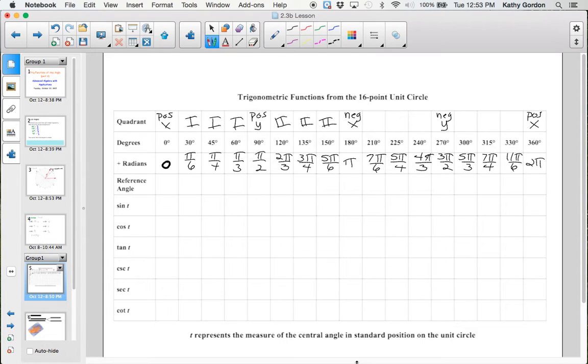And these three angles are in 3. Which leaves these three angles to be in 4.